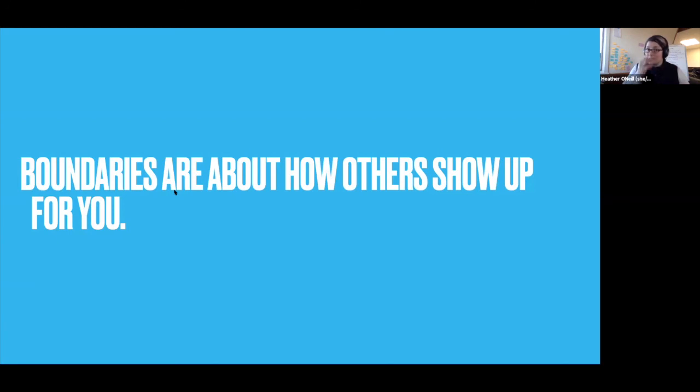So boundaries are just as personal in my mind as values. One of my students last week used the analogy that boundaries are like the walls of the house, and inside is your values, all the rooms, and you can't get to the rooms without having the boundaries. And so boundaries can contain your values so that you don't go to those dark sides.